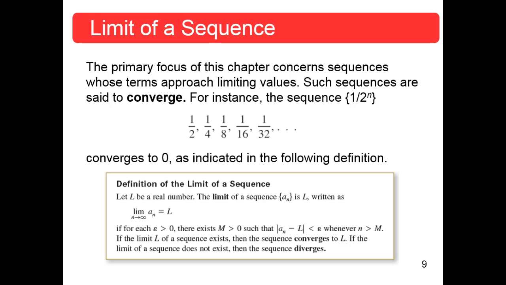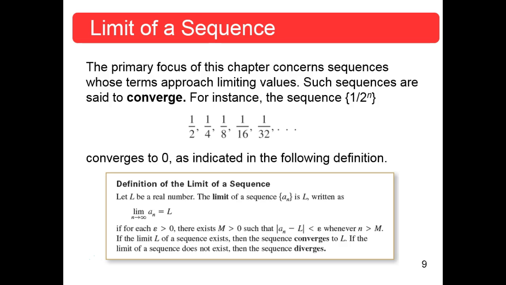If for every epsilon greater than 0, there exists, now it's not a delta, but some capital M, also greater than 0, such that the absolute value of A sub n minus L is always less than epsilon whenever n is greater than this capital M. Okay? If you can get your n's big enough, and if you can get the difference between these two to be less than epsilon for every n beyond this M here, then the limit exists.